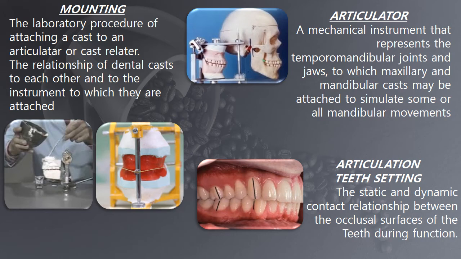So in this slide we discussed the mounting procedure, then the instrument which is used for holding the maxillary and mandibular models in the exact position which we have recorded in the clinic, that is the articulator, and the definition of teeth setting or the articulation.